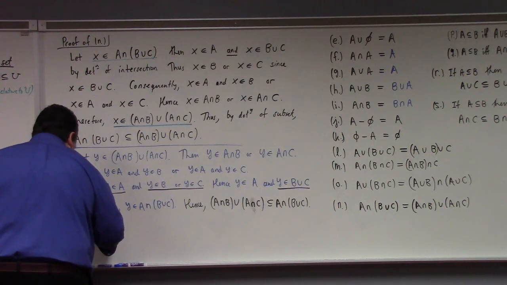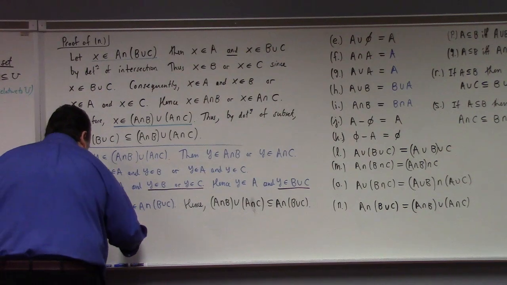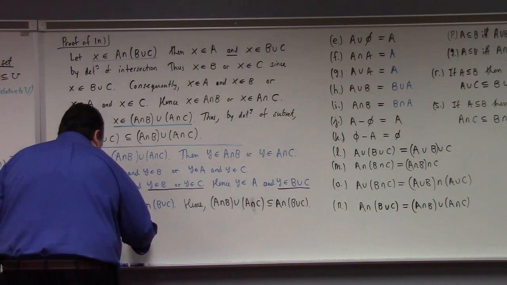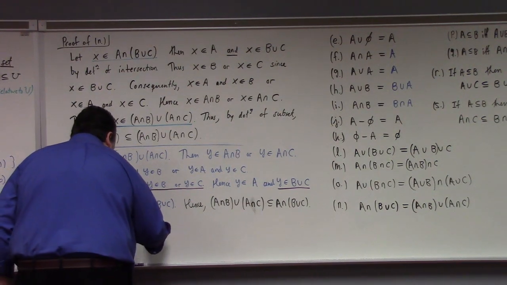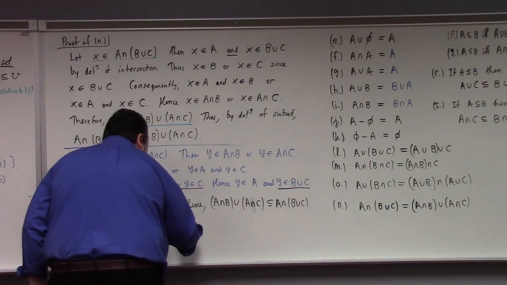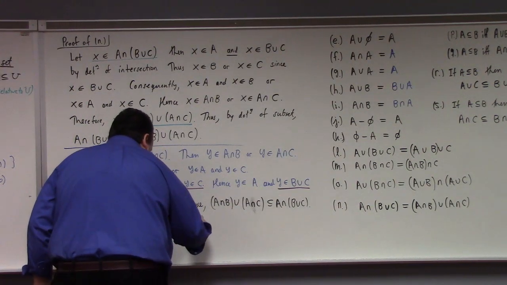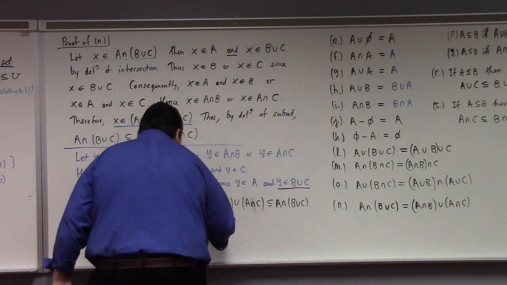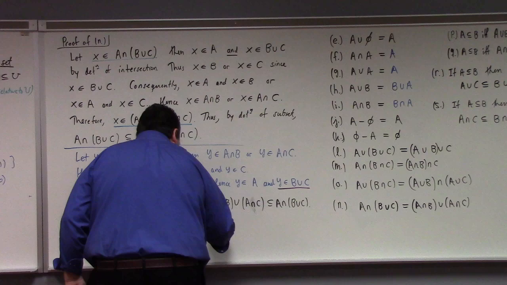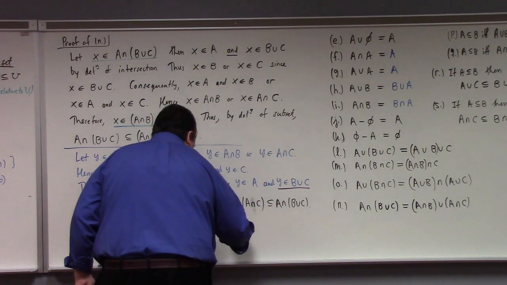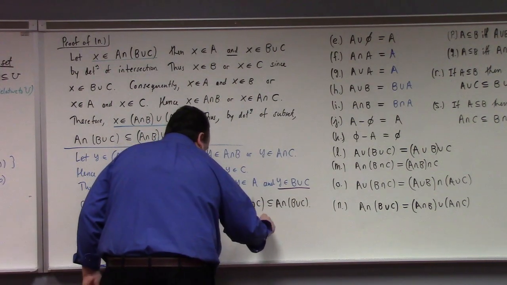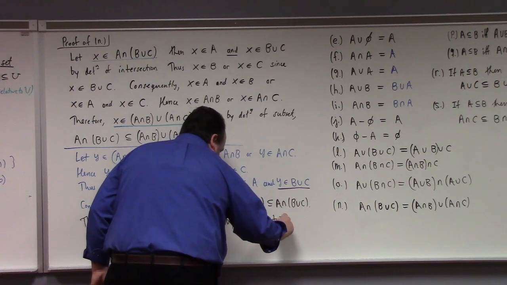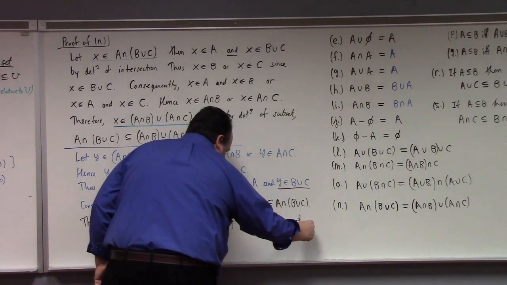Here I'll use the therefore. Therefore, A intersect B union C is equal to A intersect B unioned with A intersect C by double containment. There we go.